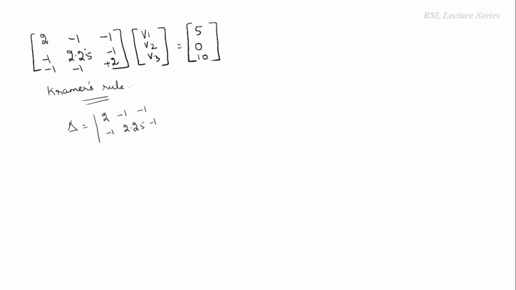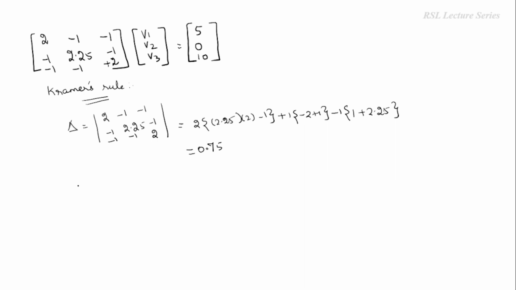So we have to find out the determinant value for this particular matrix. 2.25 into 2 minus 1 plus 1 into minus 2 plus 1 minus 1 into 1 plus 2.25. On simplification, this value will be equal to 0.75.